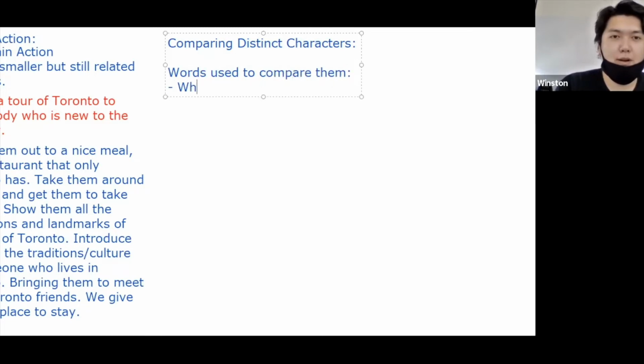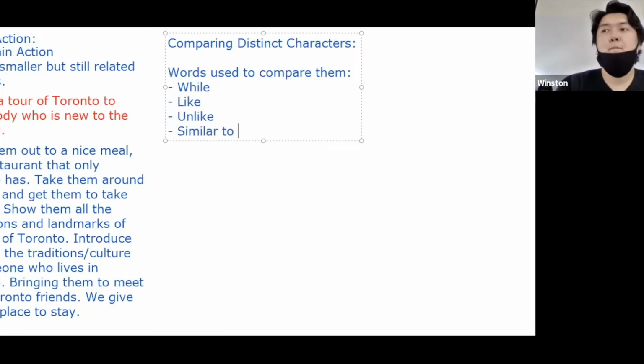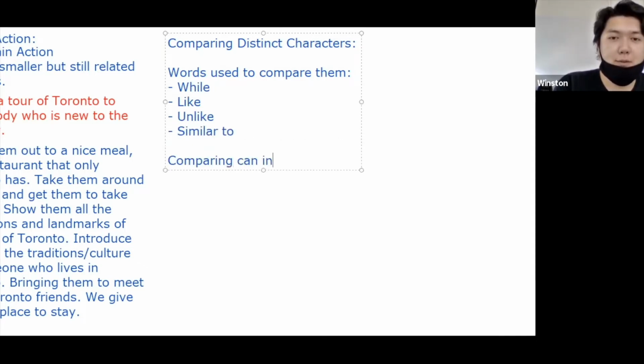You can use the word while, you can use the word like, you can use the word unlike, you can use similar to, right? Comparing can include similarities and differences, okay? So for the word like, you can do similar or similarities, okay?